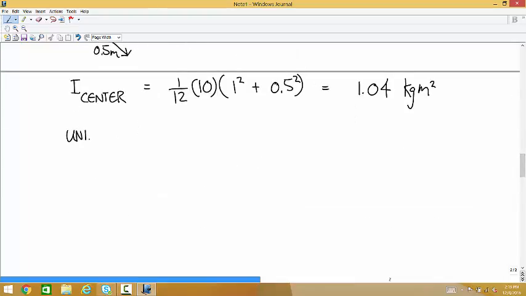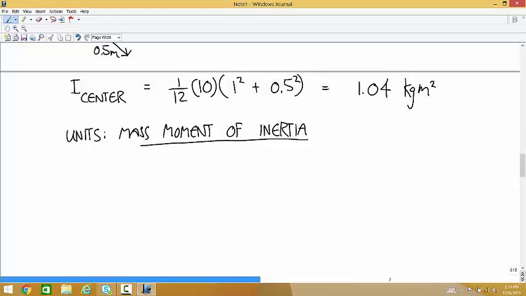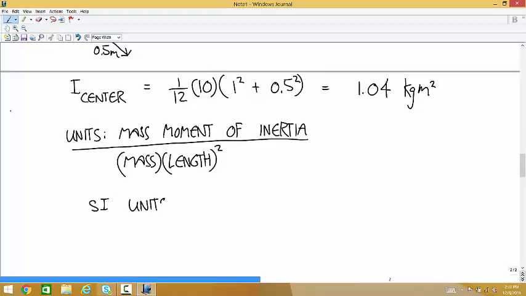And so the units for mass moment of inertia are units of mass times length squared. That always has to be the case. And then if you're in SI units, it's always kilogram meter squared.